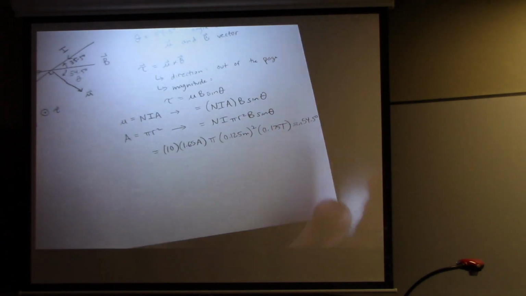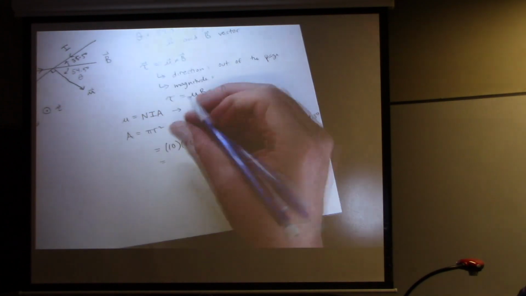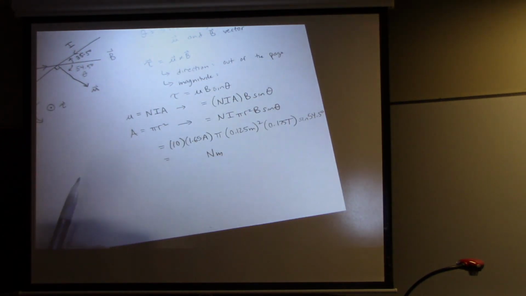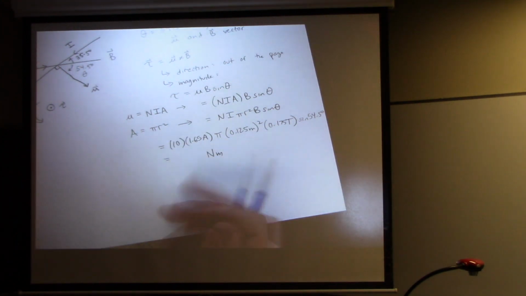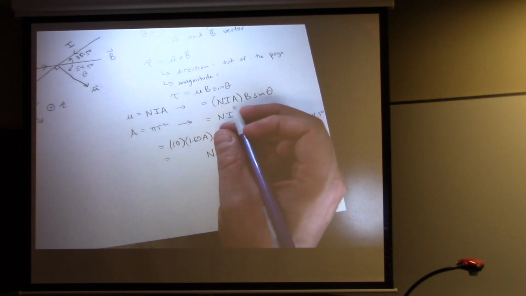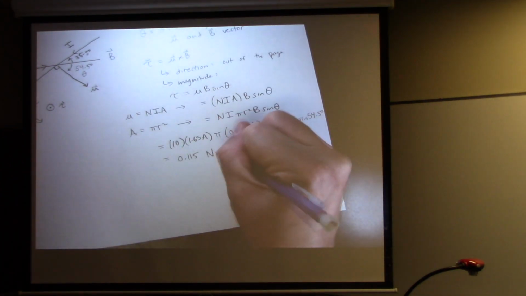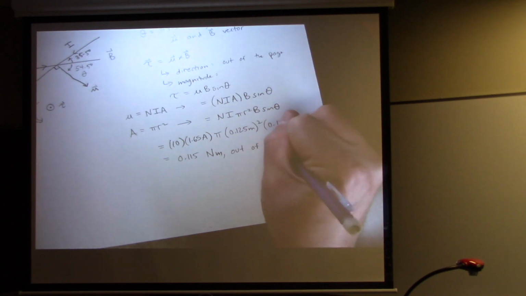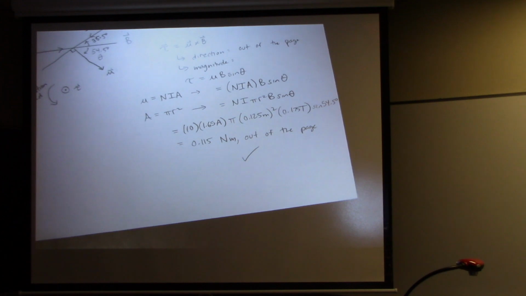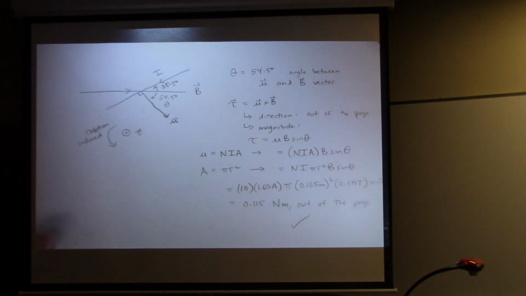That's what we have to calculate. We're calculating a torque, by the way, so the units are Newton meters. I don't want to do the unit analysis here. It's just going to come out in Newton meters. And the numerical value of this is 0.115 Newton meters, again, out of the page. That's how it works. That's how you calculate the torque of a current loop in a magnetic field.